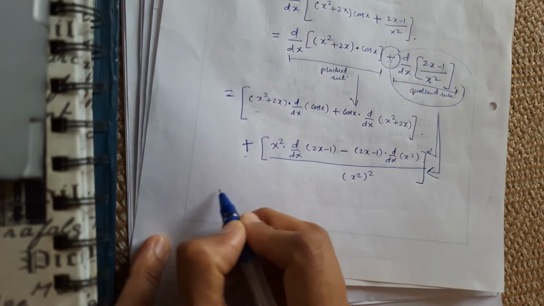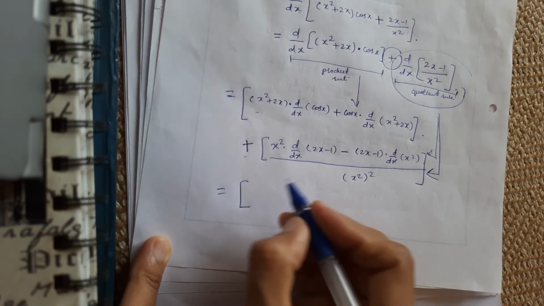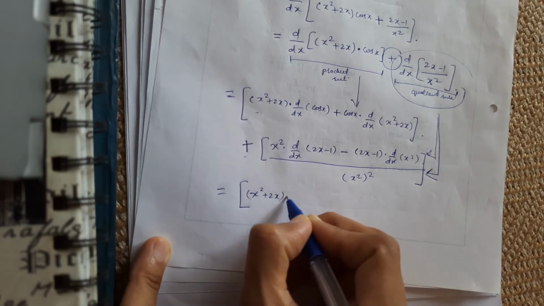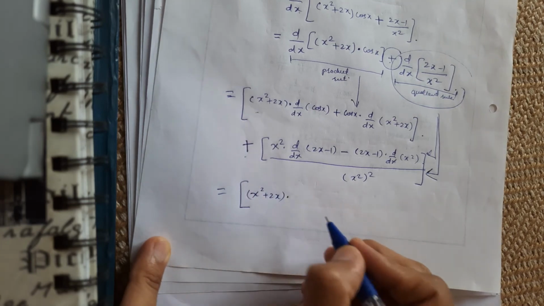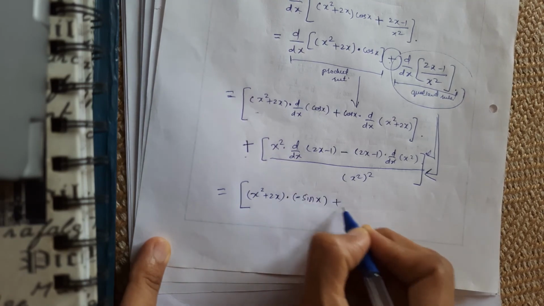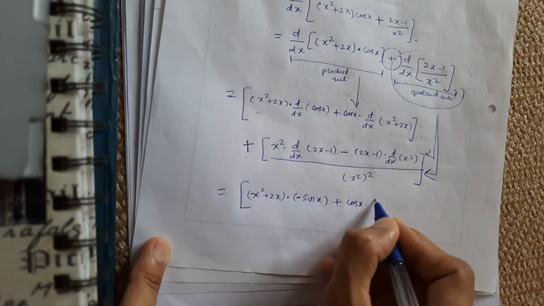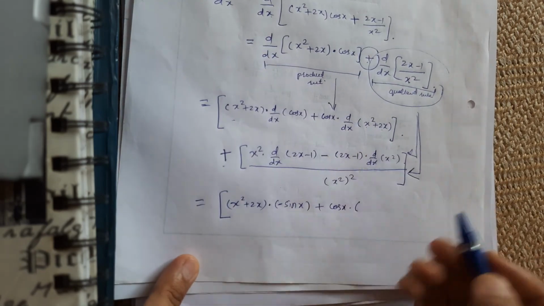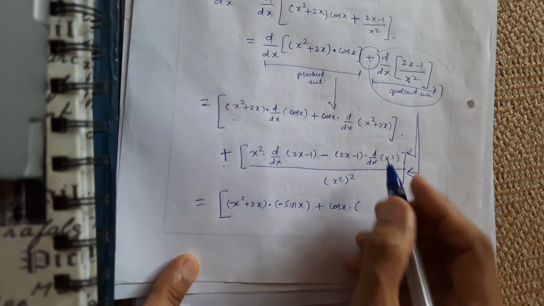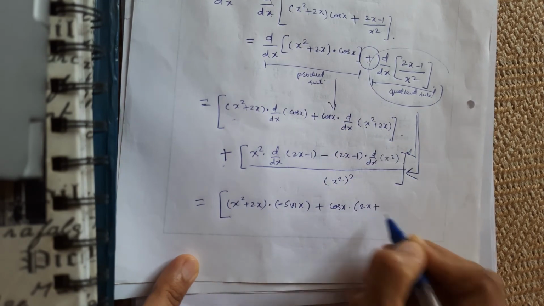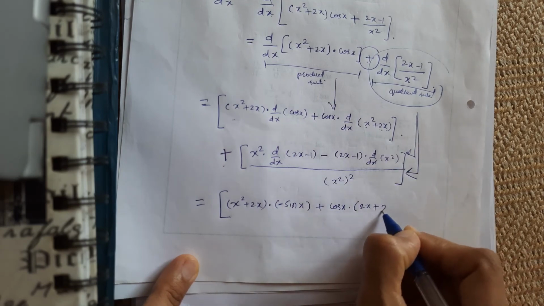Now just simplify it. In this first bracket I will get x square plus 2x into derivative of cos x, which is minus sin x, plus cos x into the derivative of x square plus 2x, which is 2x plus 2.